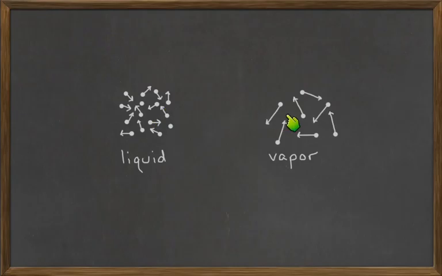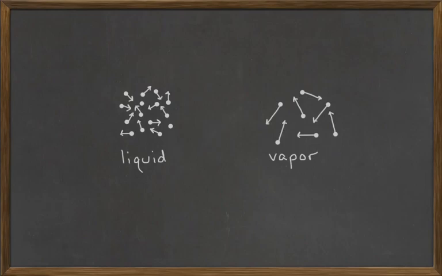And then over here in the vapor phase, it's a much freer phase, and the molecules are bouncing around much faster. So as a result, you can think of the molecules in the liquid phase as being in a lower energy state, a lower energy configuration, whereas the vapor phase is going to be a higher energy configuration as those molecules bounce around faster.